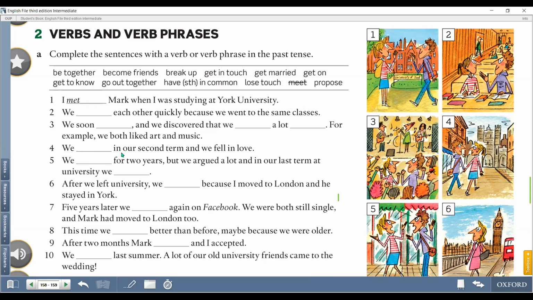No, we went out together in our second term and we fell in love. So, we went out together. The second term, I remind you, is the second part of the university year. It could be trimestre, quadrimestre, pentamestre, it depends. Term is generic, it is the second term.